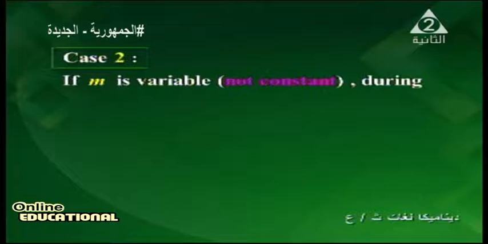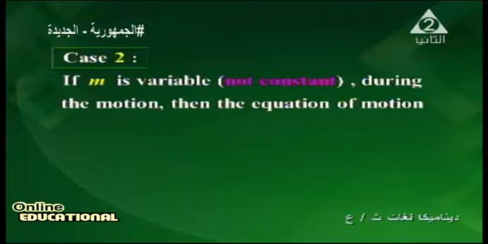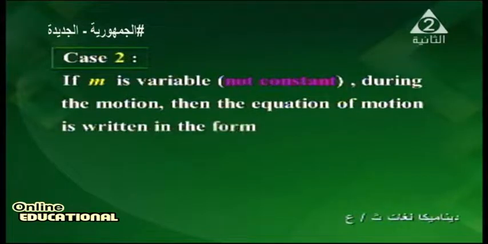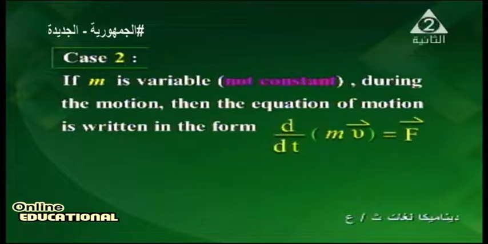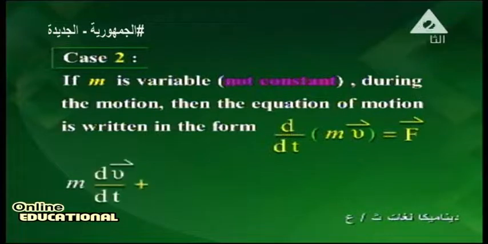The second case: if the mass m is variable, not constant, during the motion, then the equation of motion is written in the form: the derivative of mv with respect to time equals vector F. The derivative of m times vector v is the derivative of a product of two functions, which equals m dv/dt plus vector v times dm/dt.